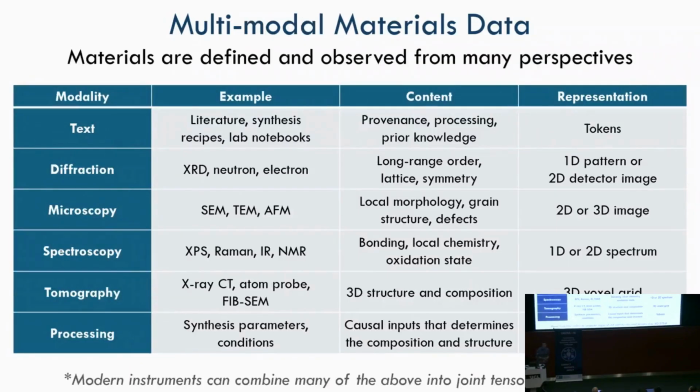And then the other side of it is that it's a multimodal problem. In material science and engineering, there are so many different techniques that are used to define and characterize materials, so there are many different perspectives. One modality we have is text, because we have a lot of published literature. That can be quite valuable, and these days it's quite easy to process with language models.